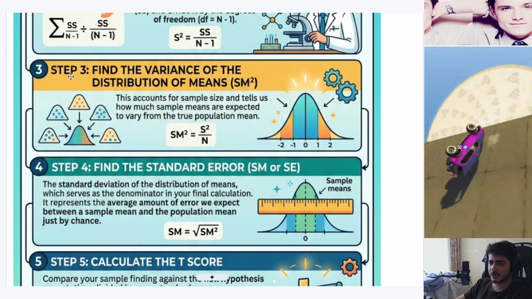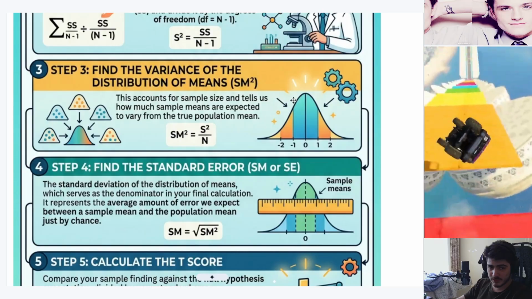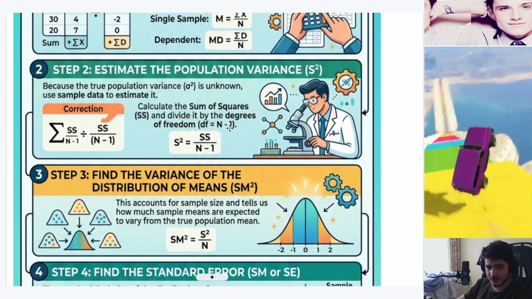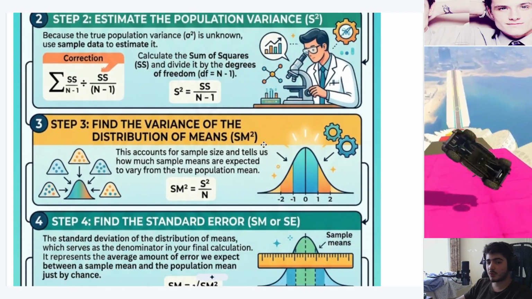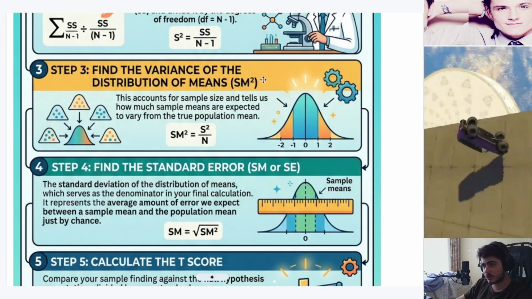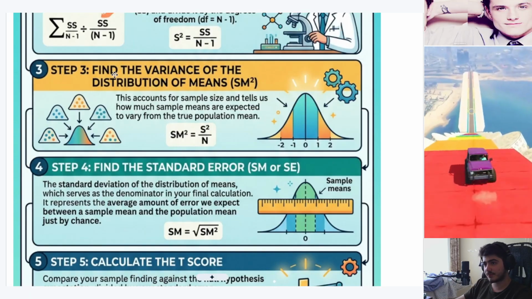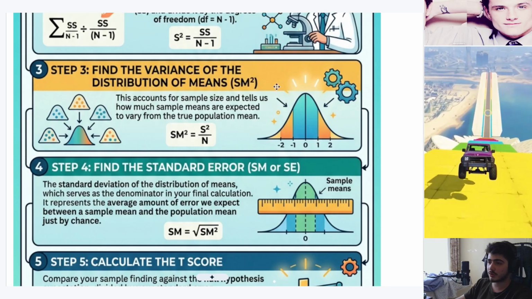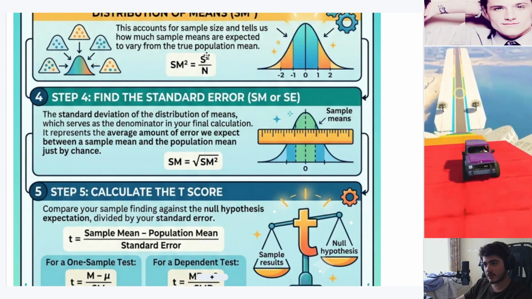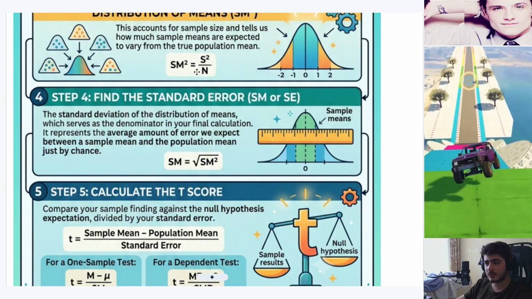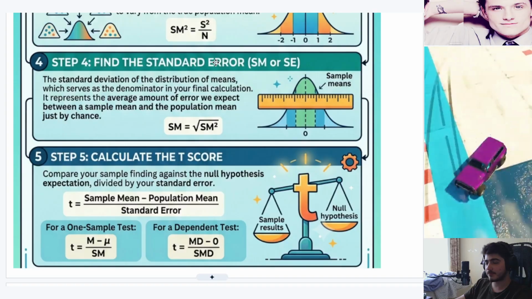Just know that when we are dealing with samples, we don't just take the normal standard deviation or the standard variance. We convert it to the distribution of means, or the variance of the distribution of means, which is just the variance divided by our sample size.